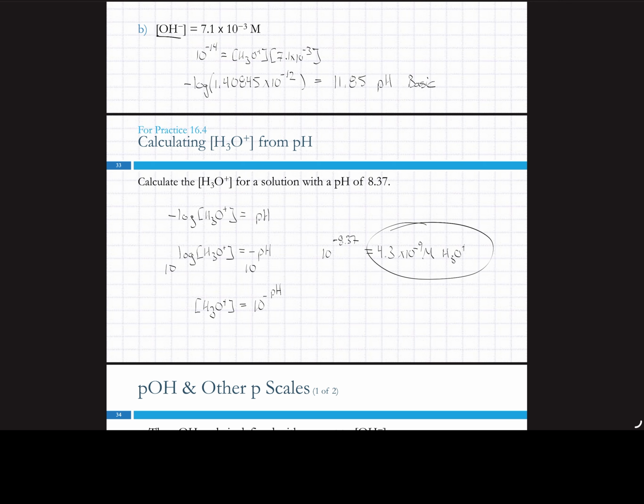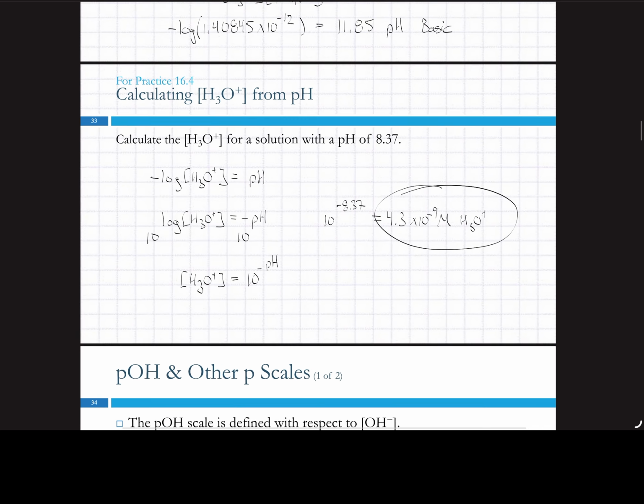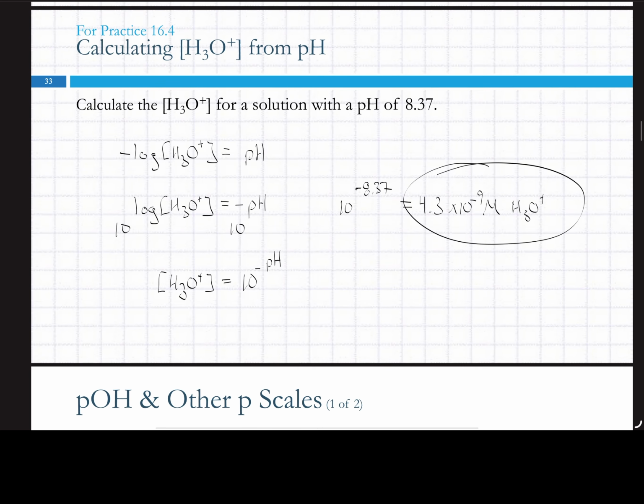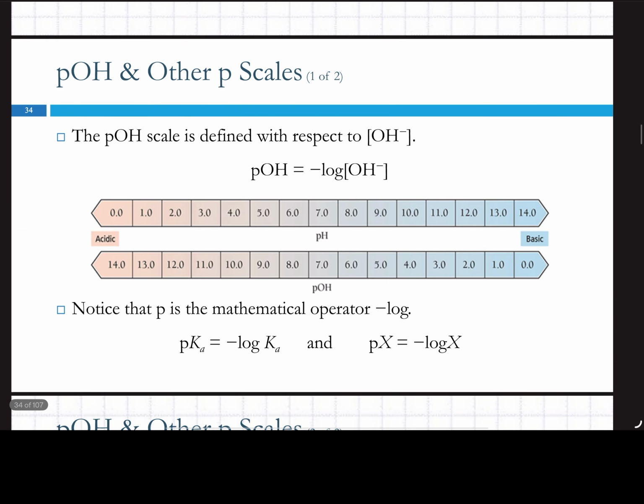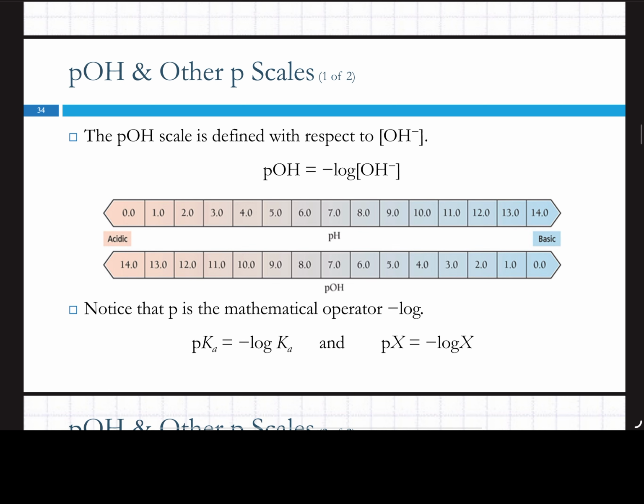Moving fast. Any questions though? Okay. pOH is calculated exactly the same as pH. It's just the negative log of the OH minus concentration. So the only difference is the number that we start with.